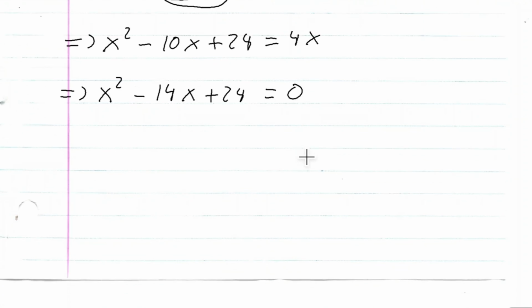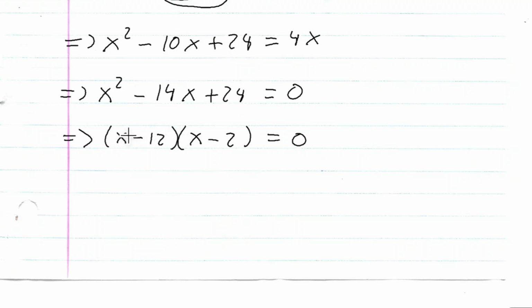Now let me see, can I do this without using the quadratic formula? Negative 12 minus 2 is negative 14, and negative 12 times negative 2 is 24. Yes. So I can factor this into (x minus 12) times (x minus 2) equals 0.